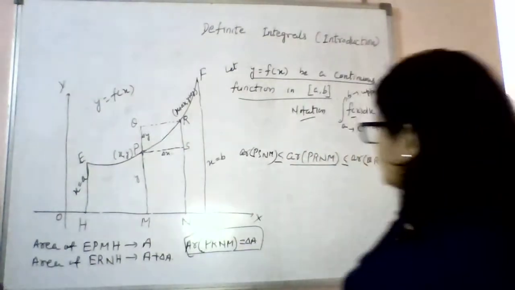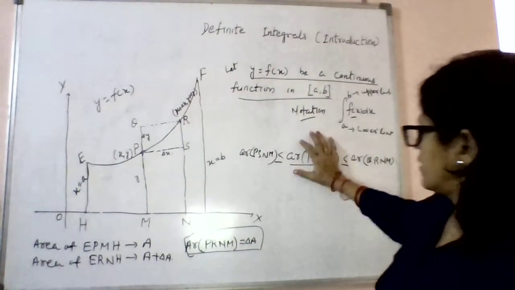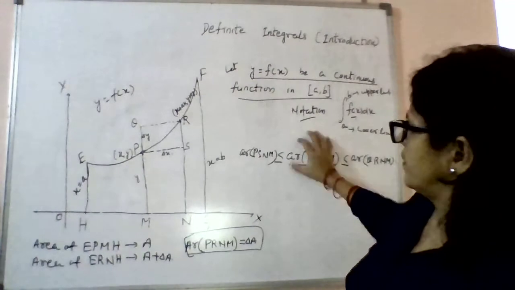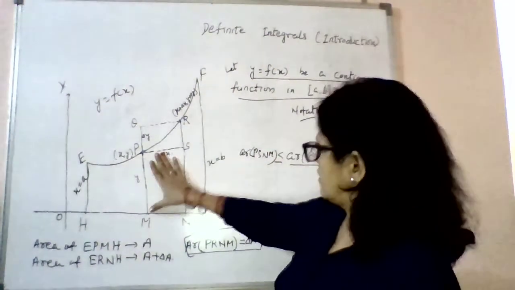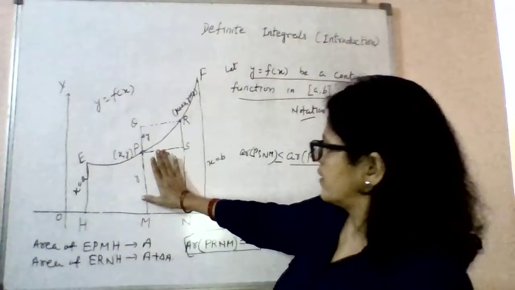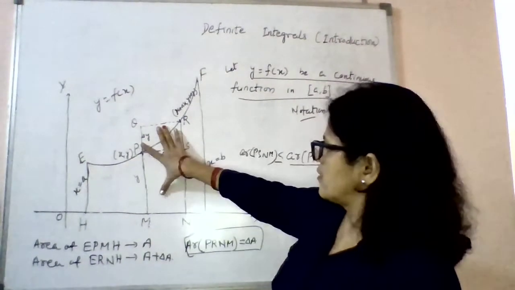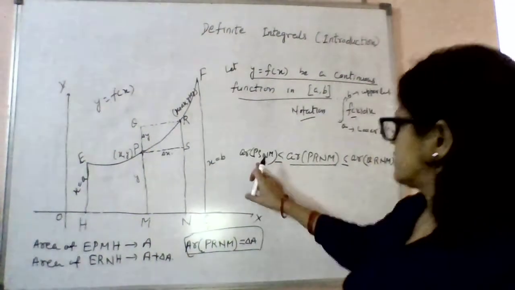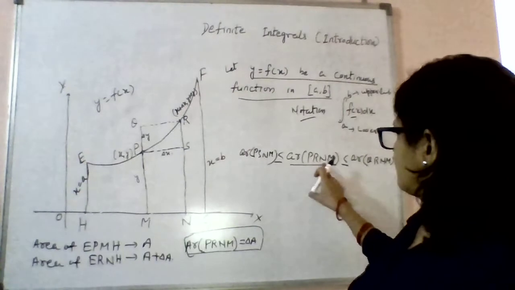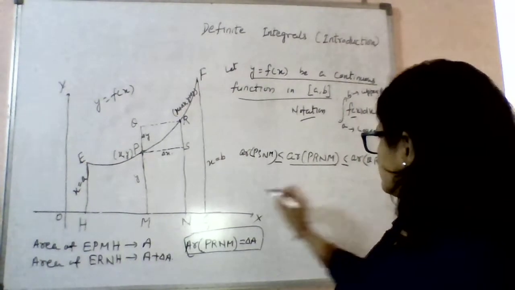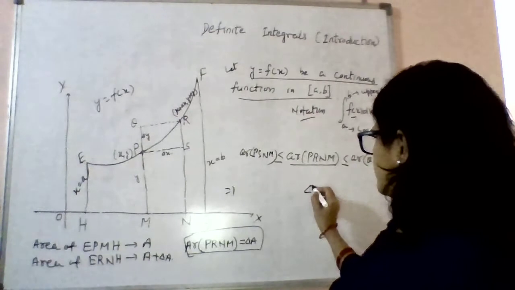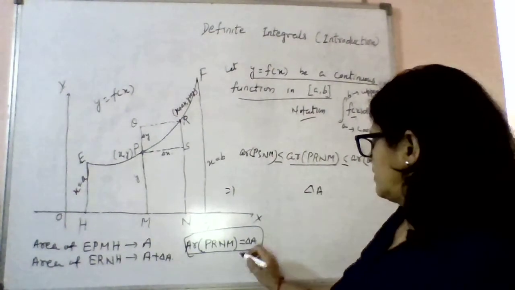So that's why we say the area of PRNM lies between the areas of these rectangles: it is greater than or equal to this and smaller than or equal to this. Now you see, the area of PRNM is your delta A, right?